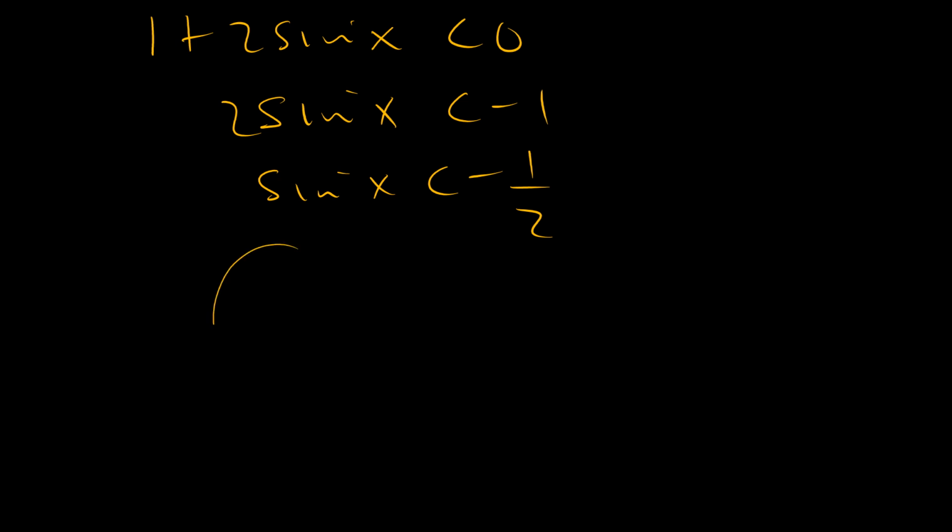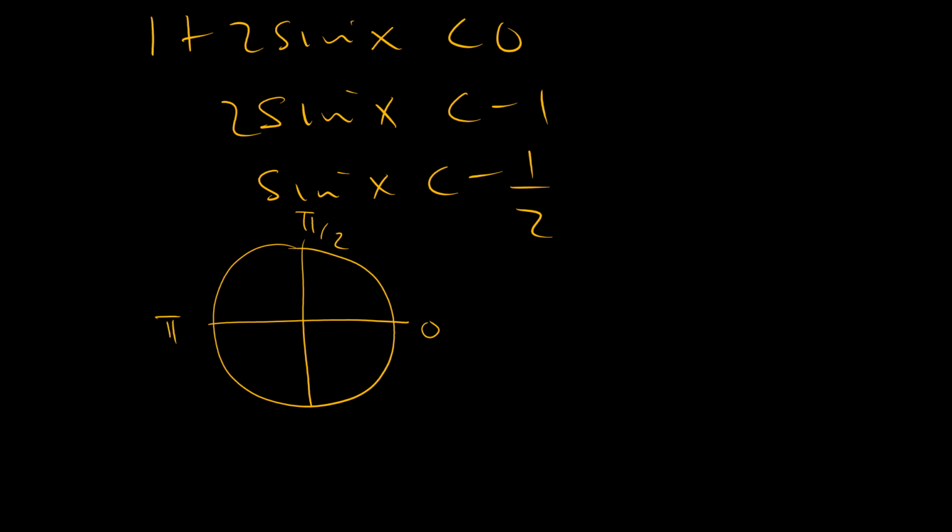So if we are to look at our circle and we divide it into 4 quadrants, angle 0, angle pi over 2, angle pi, 3 pi over 2, and 2 pi, it means that in this quadrant, all the trigonometric functions of sine, cosine, tangent, cotangent are positive.